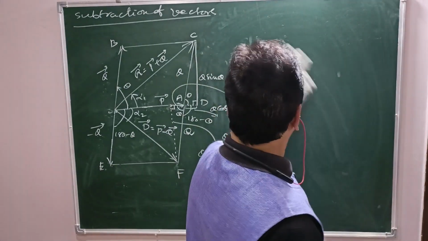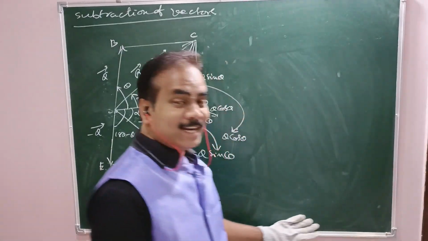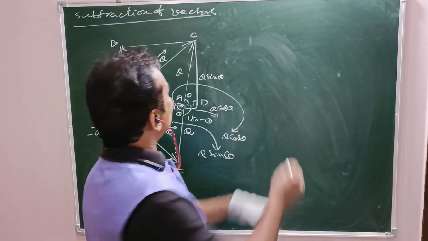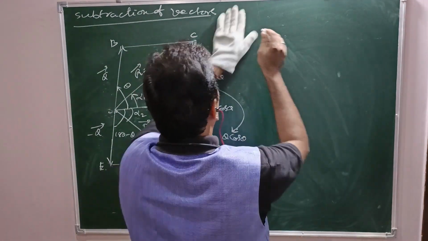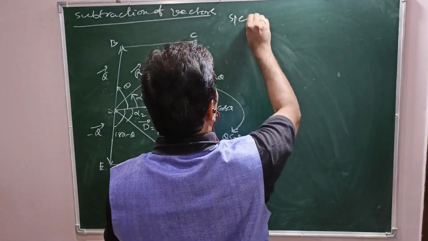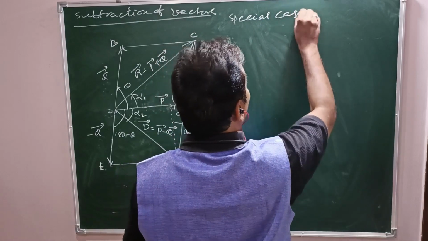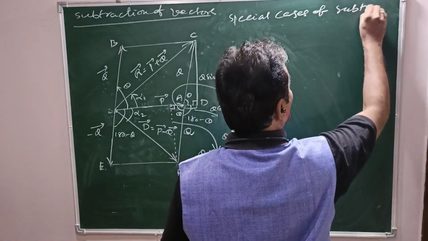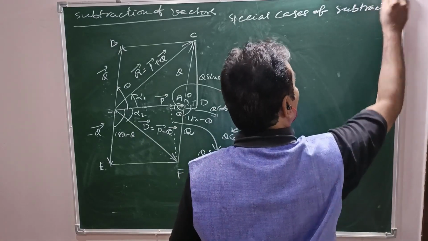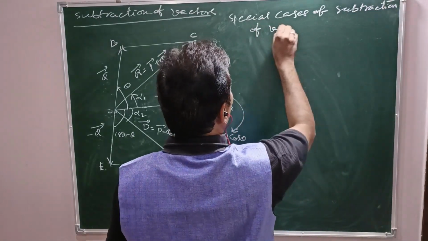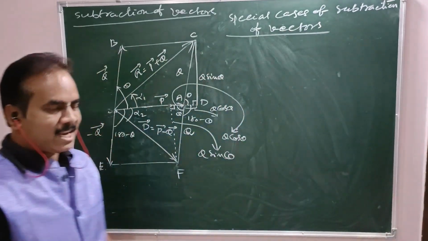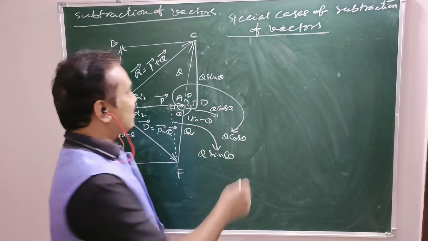If theta is 0 degrees, or 180 degrees, or 90 degrees, let us see. Special cases of subtraction of vectors. What are the special cases here?